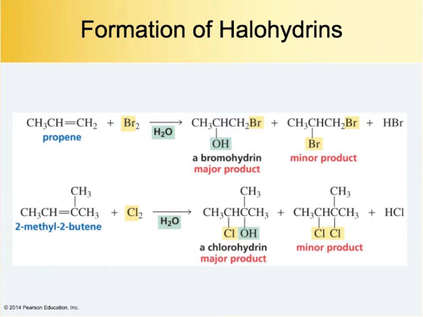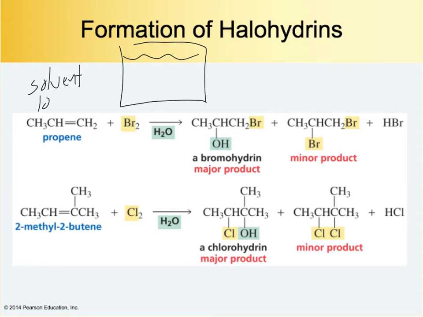Now what happens if you have Br2 or Cl2 and you have it in a solvent? Now remember our beaker analogy: a solvent in our beaker, there's always lots of it. So let's say you make your bromonium ion, like we thought we were going to, and we made our Br minus and balanced our charge. Br minus is a very good nucleophile, it's electron rich, a better nucleophile than water would be.